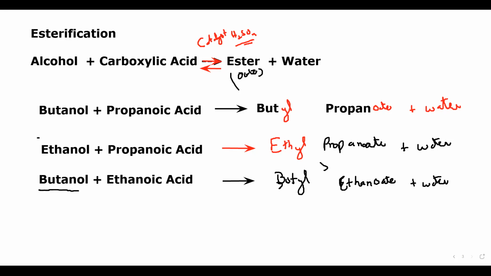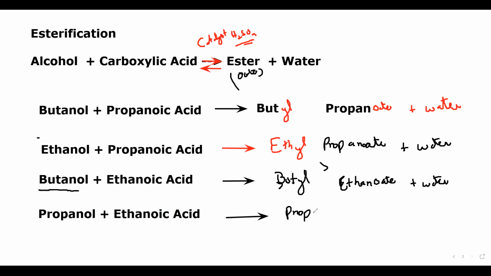Another example, if we have propanol plus ethanoic acid, what will be the name of the ester? Prop, propanol means three carbons, so it will be prop.